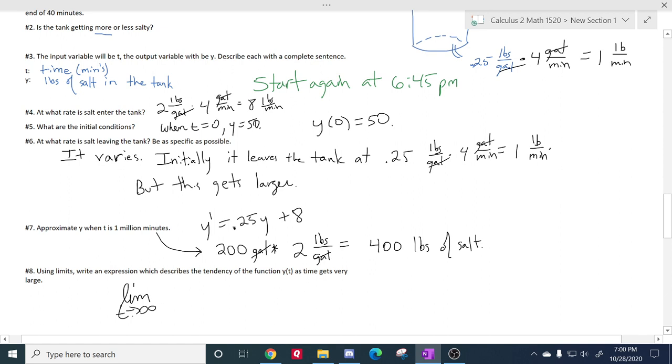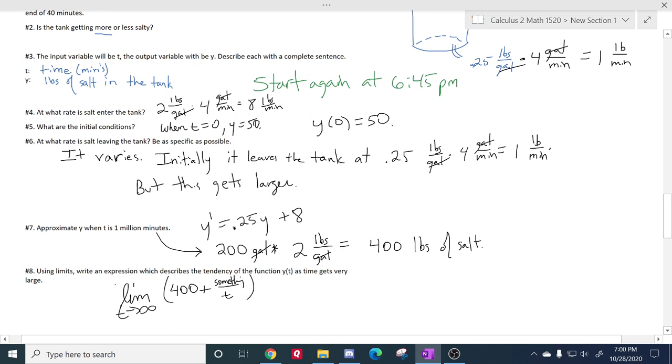So the limit as t goes to infinity of, you said, 400 plus something over t? Yeah. Or I suppose you could also maybe use e to the t. Okay. So that as t goes to infinity, you're going to be getting something that gets really, really close to 400. I see the approach you're using.